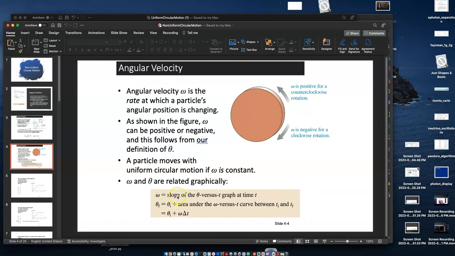And in a way, getting this stuff shouldn't be as hard, because our angular velocity is the derivative of our angular position, and the integral of our angular velocity is going to give us our change in angular position.